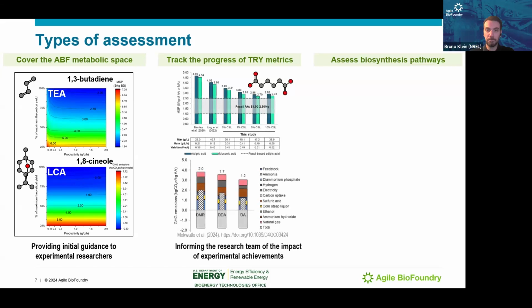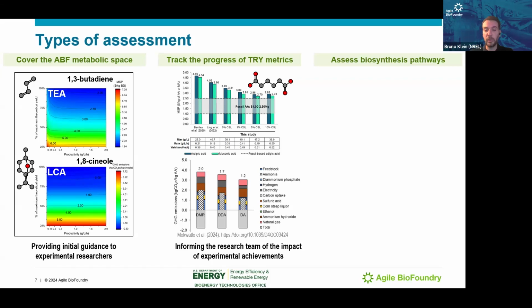Next, please. This has been shown already at least twice today by Chris and Greg. So we can also, with this type of models, track the progress of these TRY metrics over the course of the years. There has been a lot of progress for the production of muconic and adipic acid. And here at the bottom, you can see that besides tracking the TRY metrics, we can also take a look into the different sugar sources.